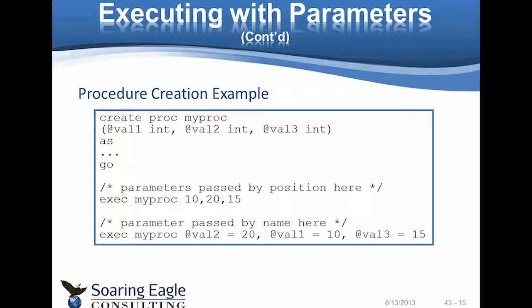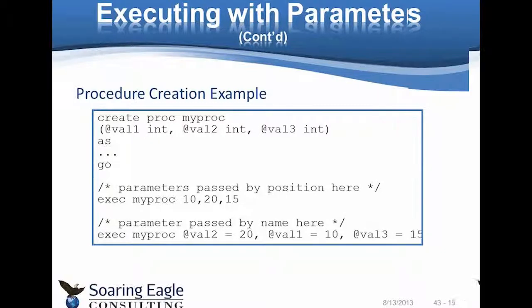In the second example, we're passing them by name. We're specifying @val2 equals 20, @val1 equals 10, and @val3 equals 15. Note that these give us equivalent result sets, equivalent types of performance. We're just passing it a little bit differently.